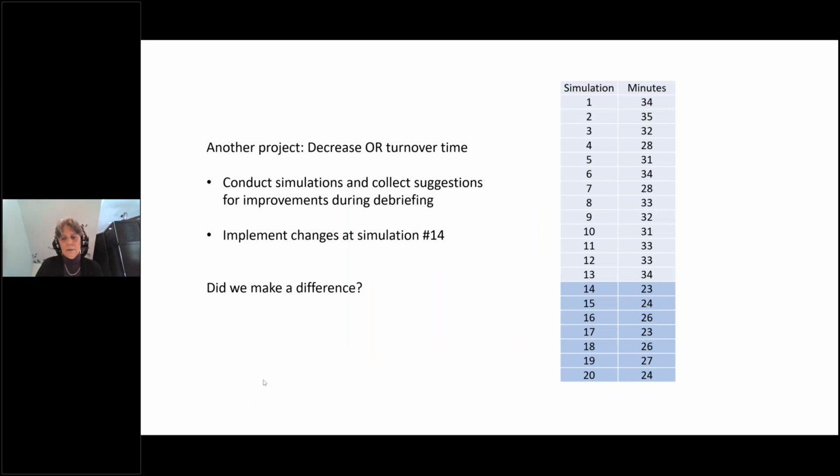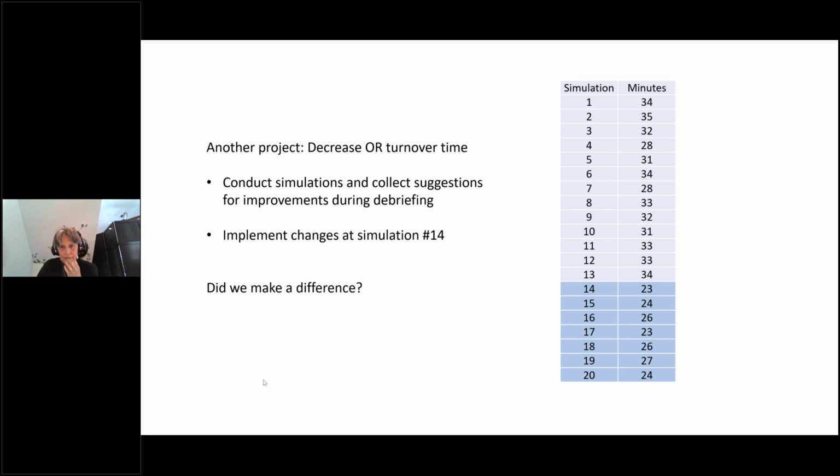So here's another hypothetical control chart. We want to decrease OR turnover time. So we conduct a bunch of simulations, and after simulation 13, we collected all the suggestions for improvement.